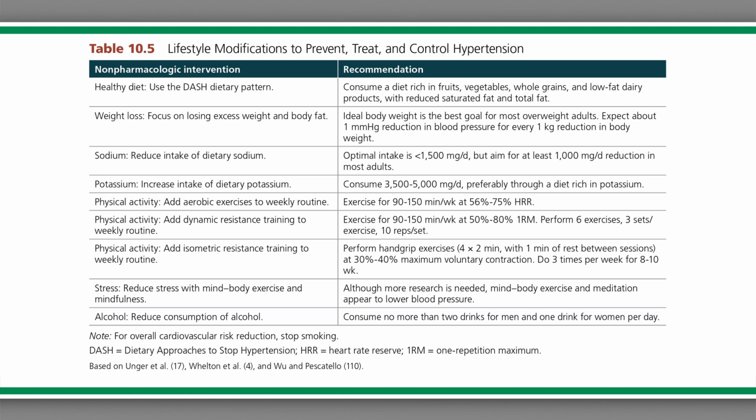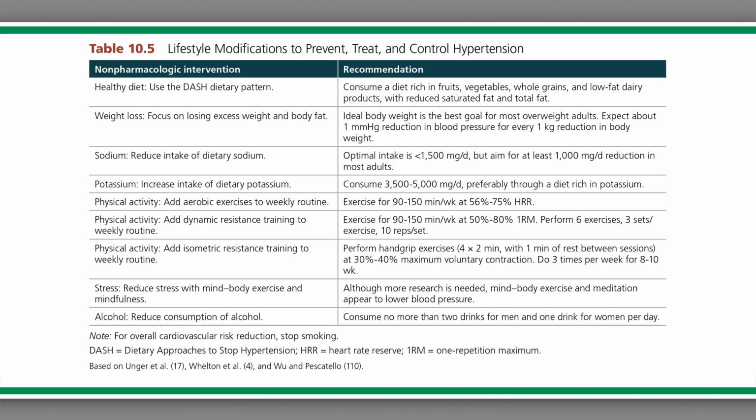So the recommendations, what you'll see, is to eat a DASH diet, which is the dietary approach to stop hypertension. What that does is put a dramatic decrease in sodium intake and an increase in fiber, whole grains, and fruits and vegetables.